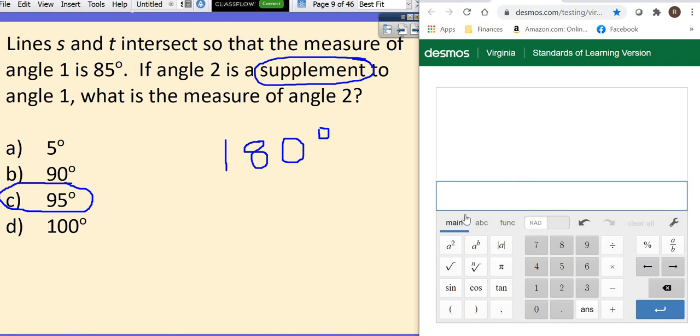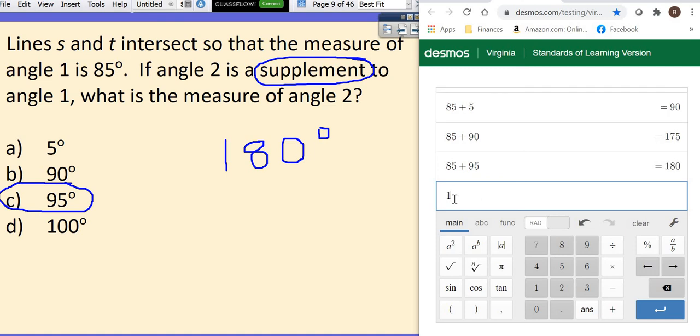Another way you could get this if you didn't know is you would say, okay, I know that one of the angles is 85. What if I add 5? Well, that gives me 90. Then 85 plus 95, well, that gives me 180.